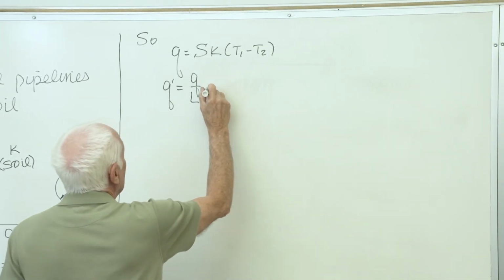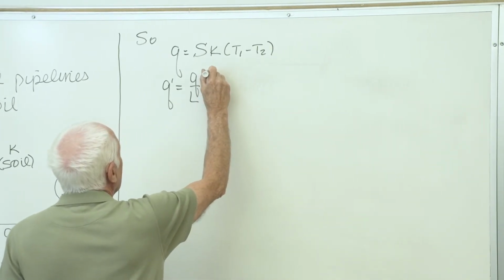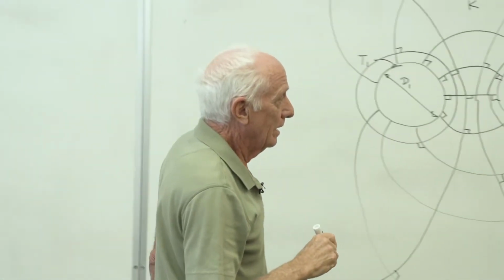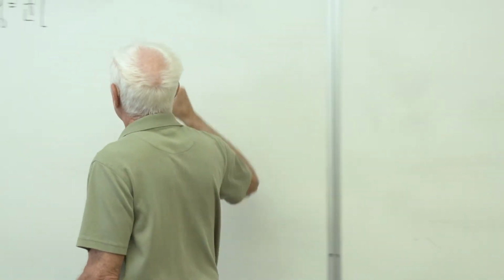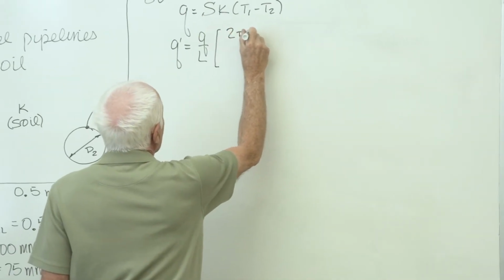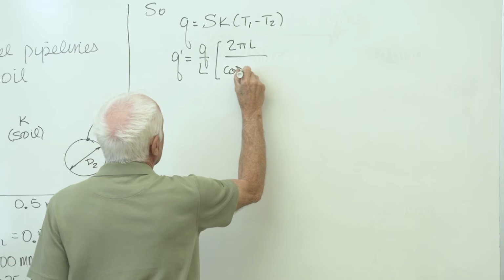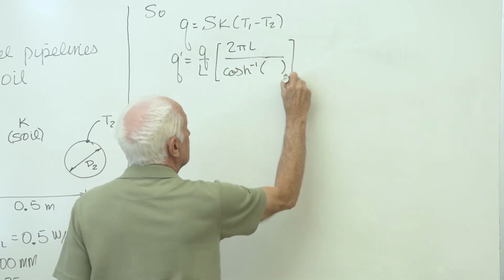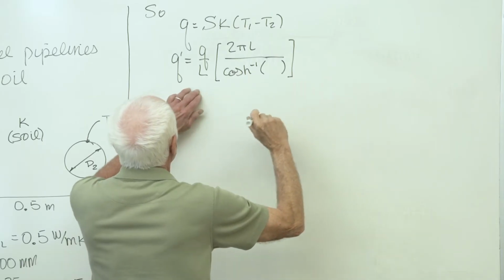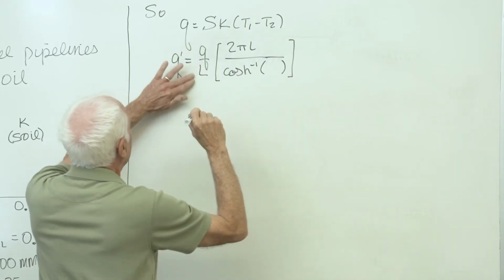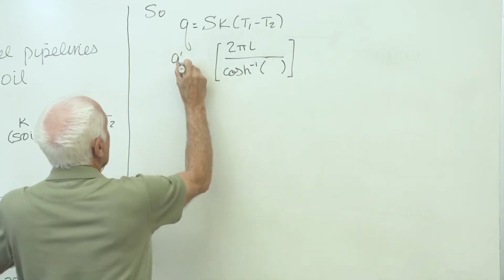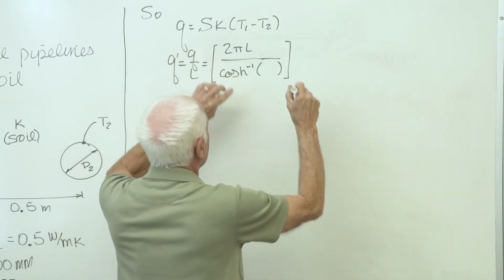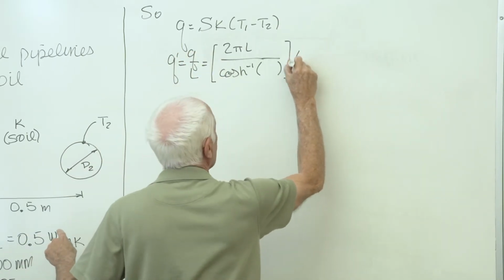Okay. Let's put S in here. 2 pi L. Gosh, minus 1. I'm not going to put all that in there. You can see over there what it is. This should be equal, S, K, soil, back of the book appendix.